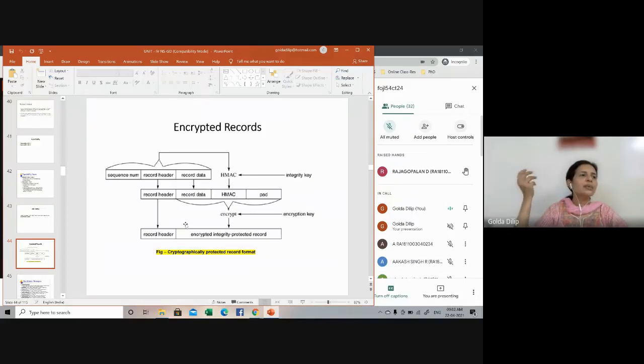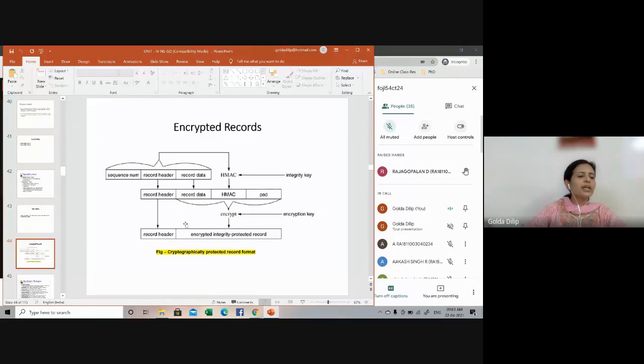We have the handshaking protocol, we have the alert protocol, we have the record protocol, and we have the change cipher specification protocol. So what is the functionality of the change cipher specification protocol?